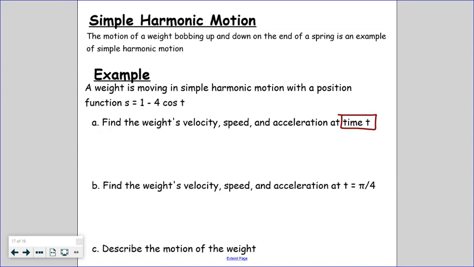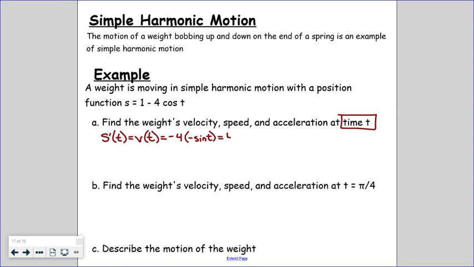So let's look at our generic derivative here. First one's first, the derivative of our position function would be the velocity function. Taking the derivative of our position function, the derivative of 1 is 0. If we've got a constant multiplier, remember the constant multiplier can just continue to sit out front, so it's -4. The derivative of cosine is negative sine t. Clean that up.